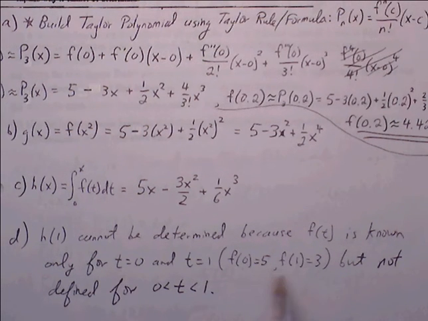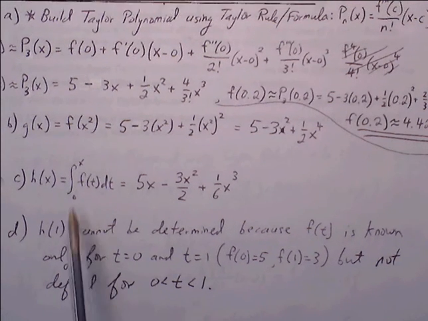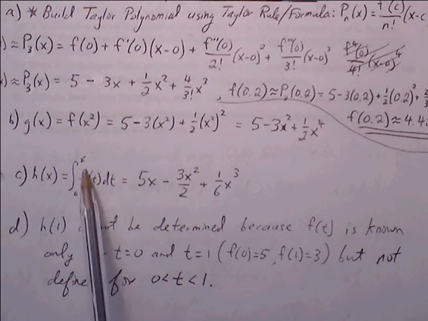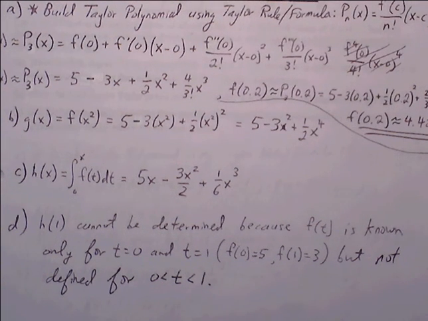However, we're not told what's happening between 0 and 1. So because of that, we have something to build off of from 0 and 1, but we don't have enough information in order to find the definite integral from 0 to 1, because the function is not defined between 0 and 1.